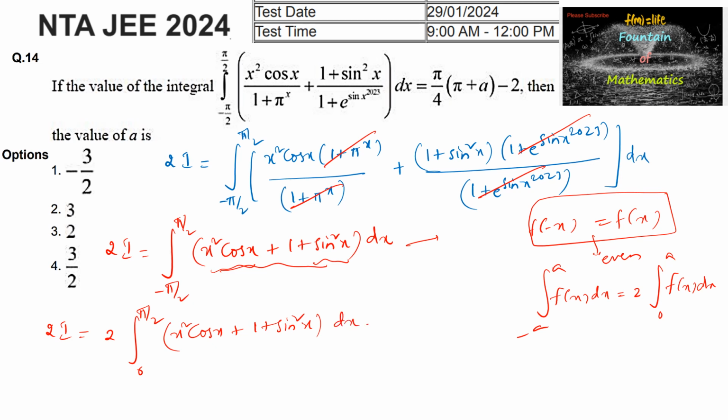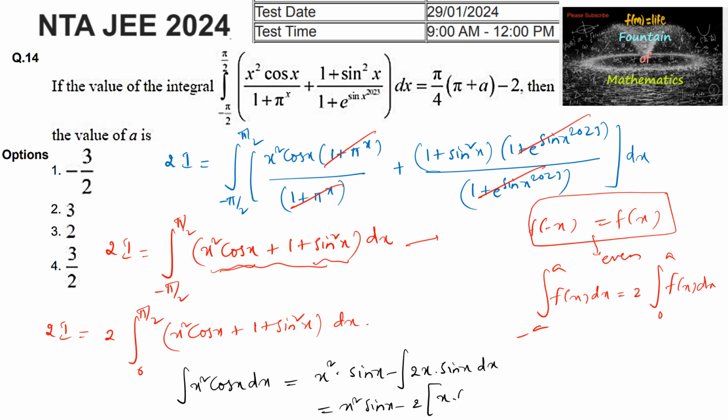So let us evaluate the integral separately. So let me consider integral x square cos x dx by applying integration by parts. So we can write x square into integration of cos x is sin x minus integral of differentiation of x square is 2x into integration of cos x is sin x dx, and again x square sin x minus 2 times integration of x sin x.